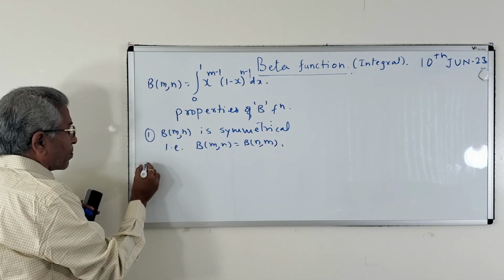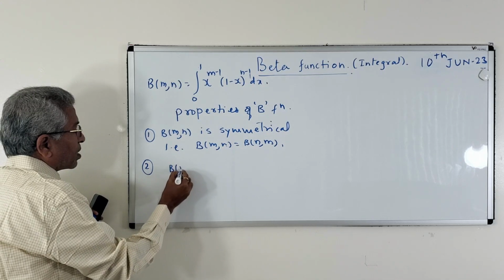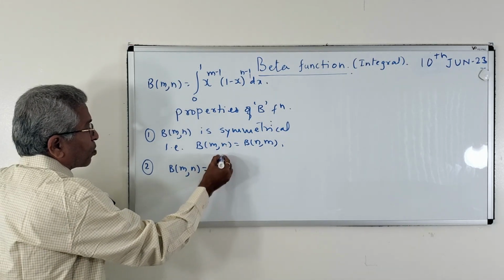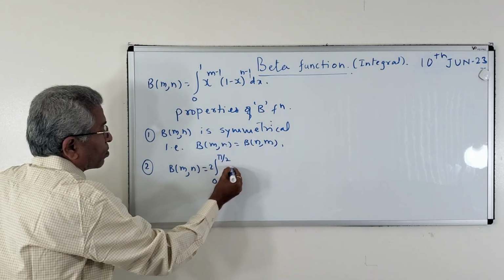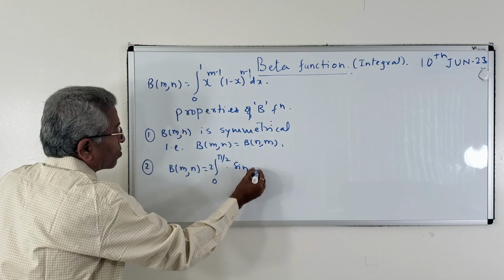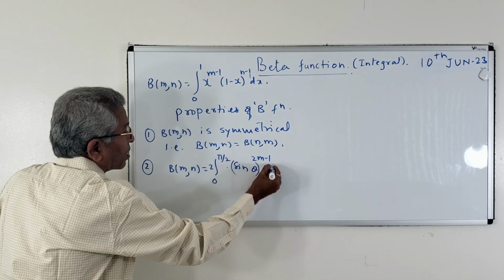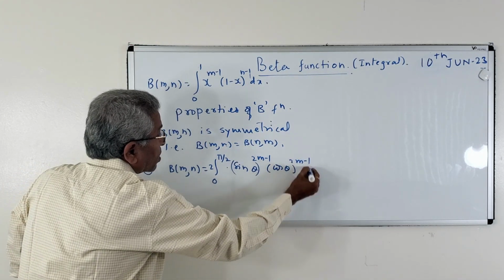The second one: beta(m, n) as a trigonometric function is twice the integral from 0 to pi by 2 of sine theta raised to 2m minus 1 into cos theta raised to 2n minus 1 d theta.